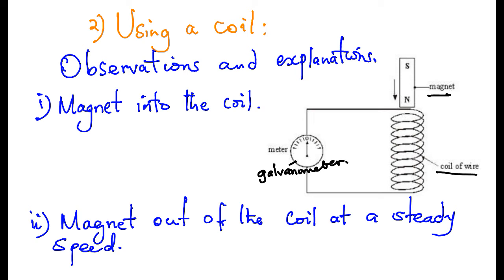In this case, what happens then when the magnet is moved into the coil? The observation made is that the pointer moves or deflects in one direction.